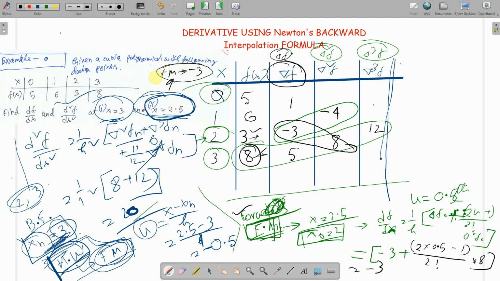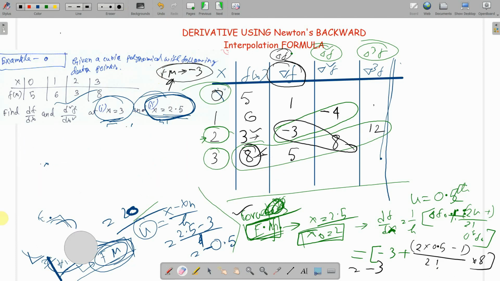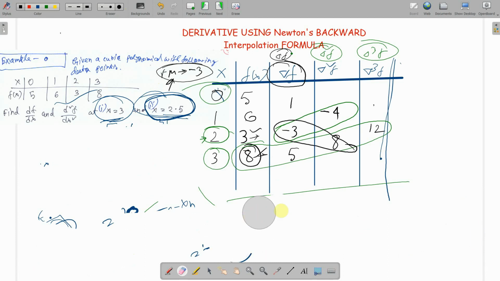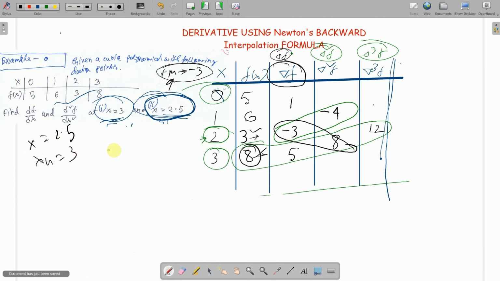Now let's solve this with the backward method. Okay. So here the x value is 2.5, xn value is 3, u value is coming around -0.5.